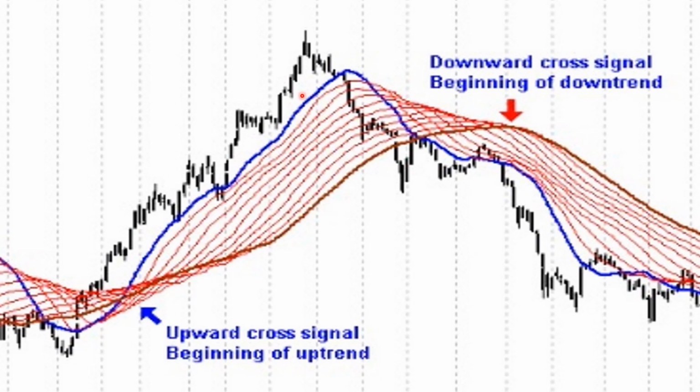As you can see, there's a crossover of the first moving average at this point right here, and then the last moving average crossover occurs here. As you can see in this example, you wouldn't have missed that much of the trade if you had just waited, but the trade would be much more reliable if you waited for the fast moving average to cross the slowest moving average, or the longer term moving average.